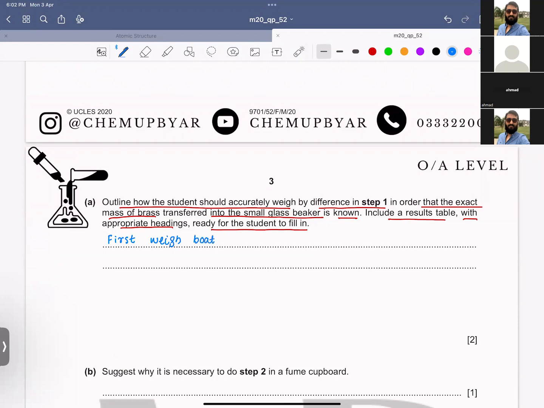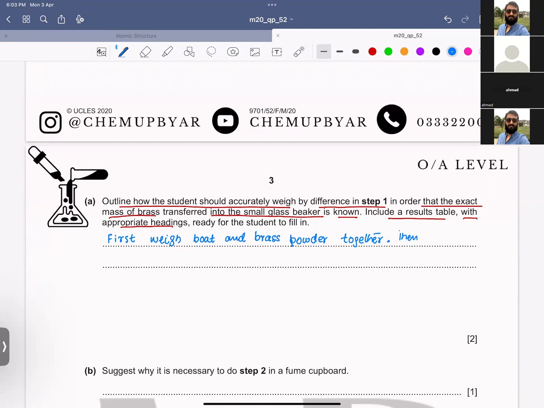Weigh the boat and brass powder together. Okay.